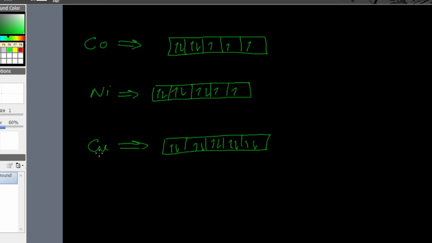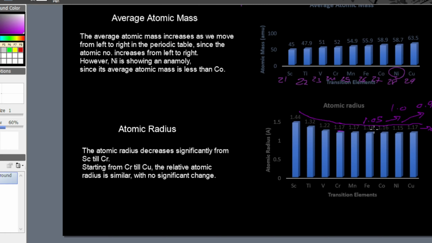And in the case of copper you can see five orbitals with paired electrons. That's why the repulsion effect tries to oppose the effective nuclear charge effect, hence giving me a state of equilibrium. It's not an actual equilibrium, but you can see there is nearly no change in the atomic size. So as you can see, like the values, there is only a change of 0.01 angstroms, right? Or in the case of copper, it's similar to chromium and manganese, right?